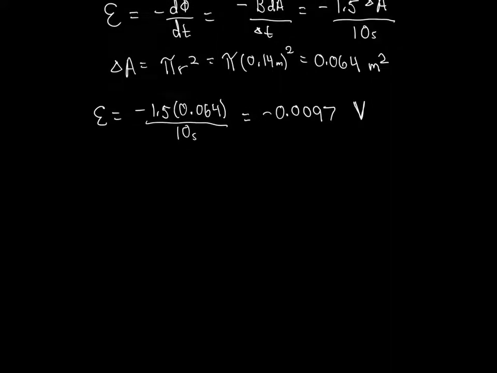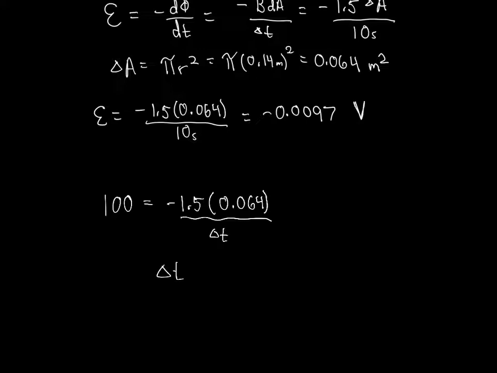So if I have an EMF of 100, I can plug in 100 equals, my magnetic field is still going to be negative 1.5, my area still 0.064, and I can divide by the change in time, whatever it would be. So what change in time would I need?